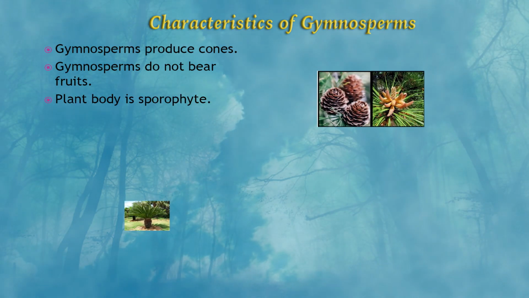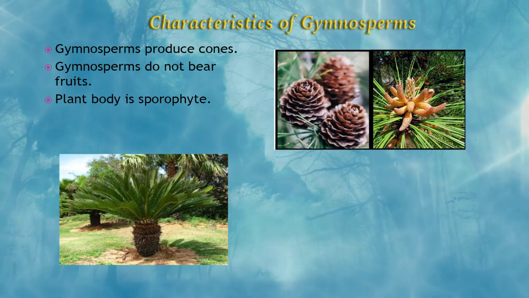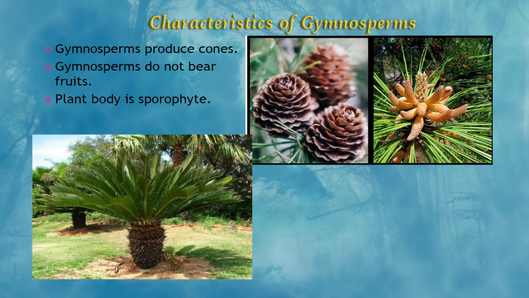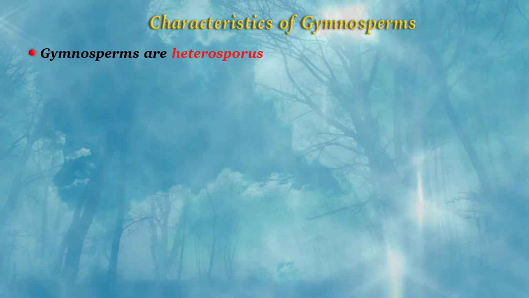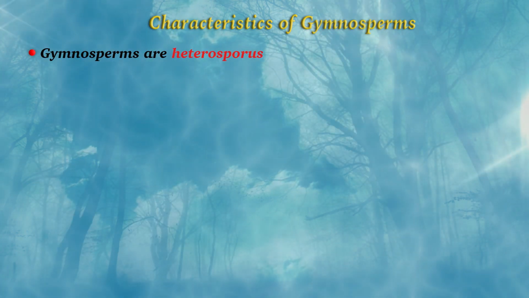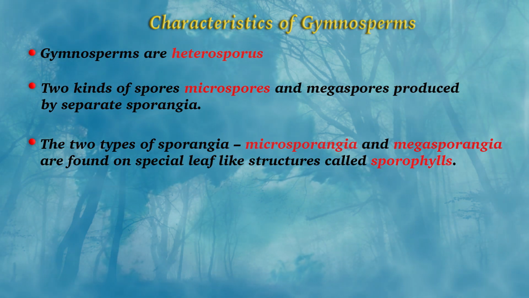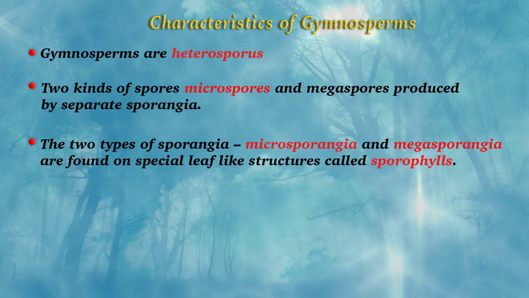So, let us now see what are the characteristics of Gymnosperms, how we can identify them. First, Gymnosperms produce cones, they do not bear fruits, and their plant body, the major body, is the sporophyte, on which the gametophyte is dependent. Gymnosperms are heterosporous. Two kinds of spores are found, microspores and megaspores, and they are produced in different sporangia.